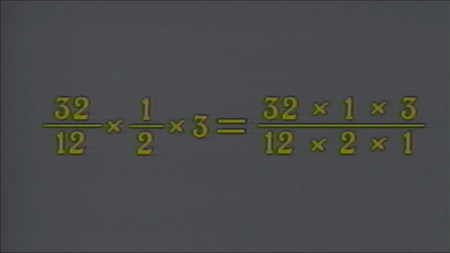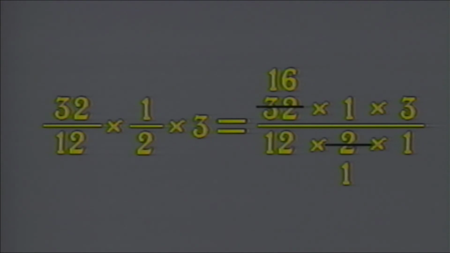I hate multiplying big numbers, so I simplify. 2, that's a common factor for sure. I get 16 times 1 times 3 over 12 times 1 times 1.